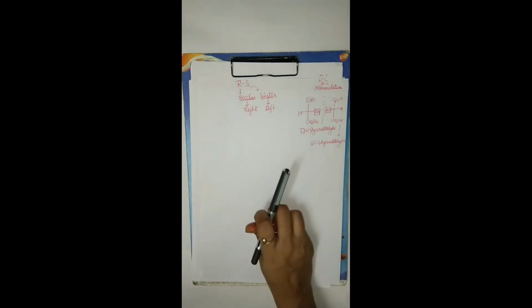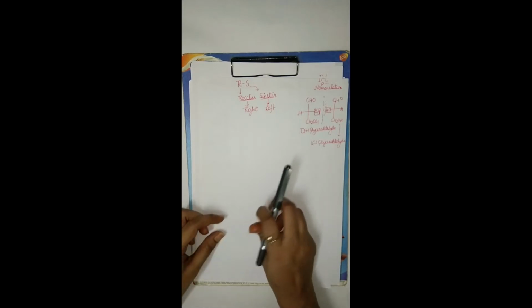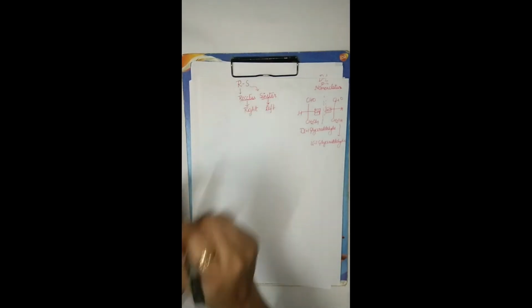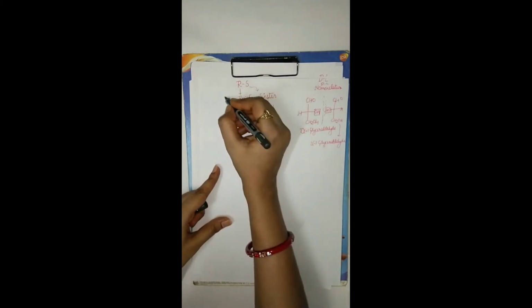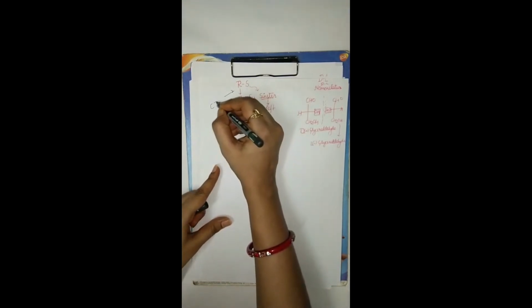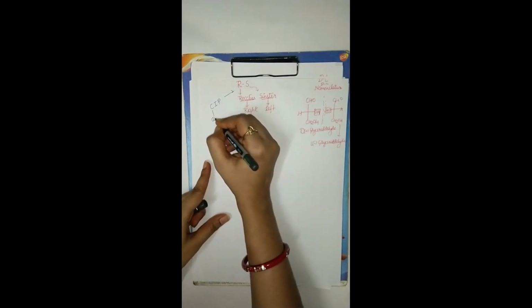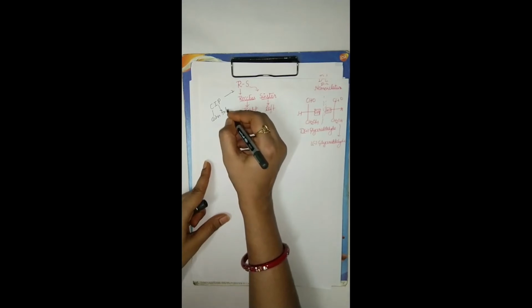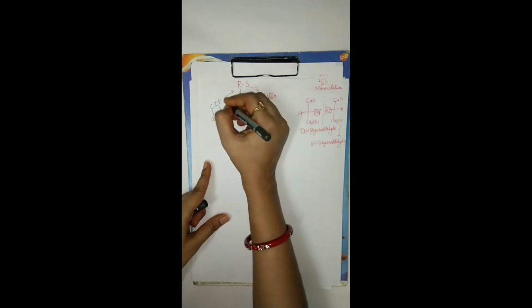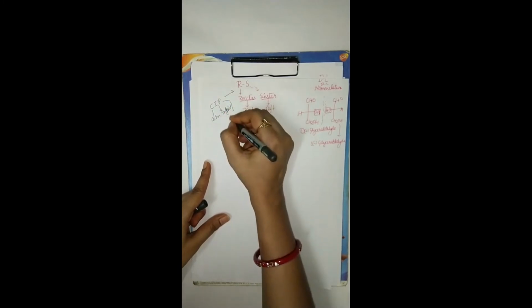The limitations of the DL system, however, have been removed by an unambiguous system developed, the RS nomenclature, and this RS nomenclature is given by CIP. What is the CIP? CIP is C for Cahn, I for Ingold, and P for Prelog.